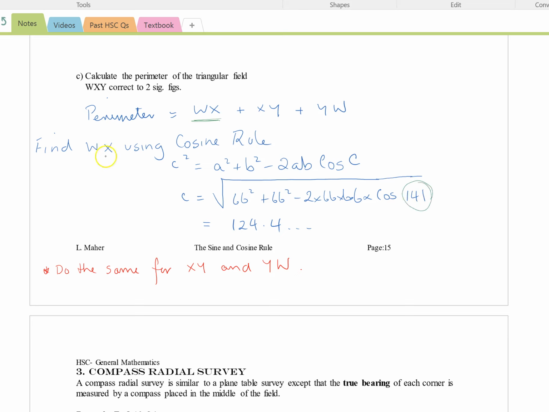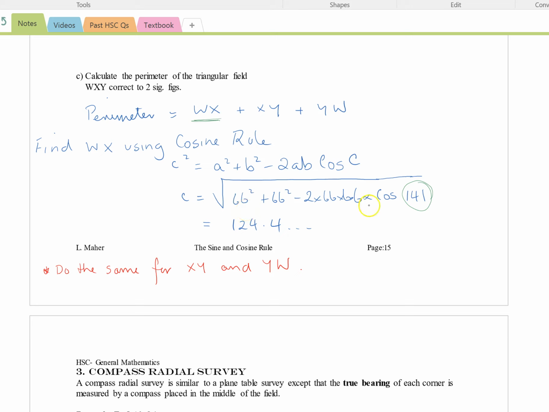So it's possible to find the length of WX using the cosine rule in the format with the side opposite the angle that we know. c squared is a squared plus b squared minus 2ab cos C. So c is the square root of that, and the length of the two sides in this triangle are both 66. They don't actually look equal, but the diagram's obviously not drawn to scale.